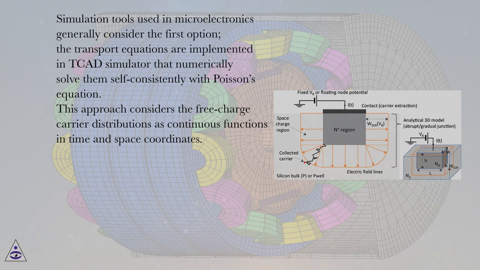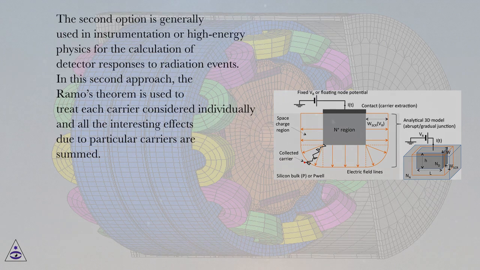This approach considers the free charge carrier distributions as continuous functions in time and space coordinates. The second option is generally used in instrumentation or high-energy physics for the calculation of detector responses to radiation events. In this second approach, the Ramo theorem is used to treat each carrier individually, and all the induced effects due to particular carriers are summed.